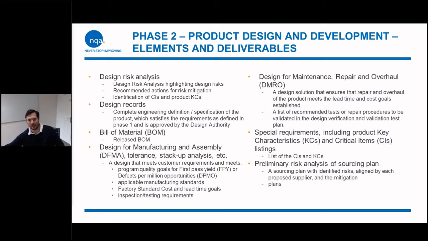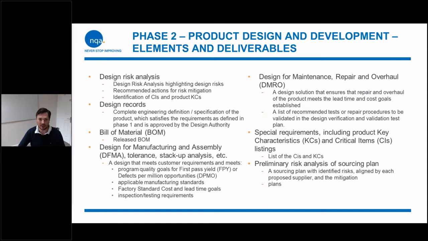People might have heard of the make with the design. So that's kind of a good process that people can work through that will cover a lot of these areas. Design records, so you should be getting good design records, complete drawing definitions, specs of the products. I'd say key characteristics can be missing in a lot of cases, things like that.